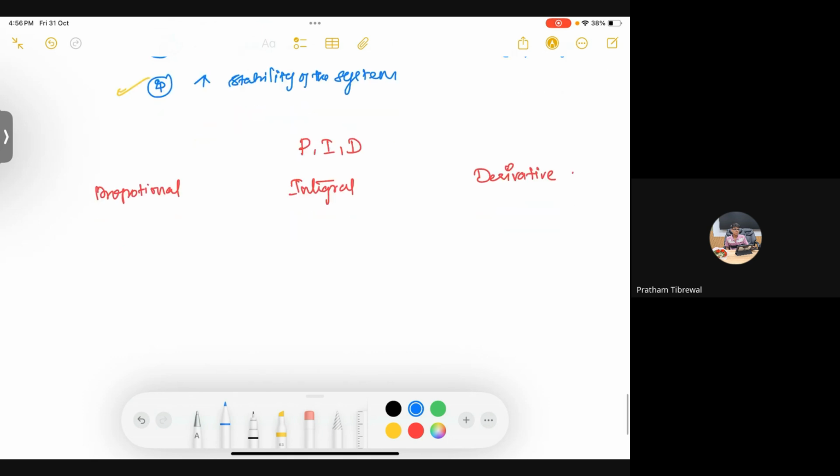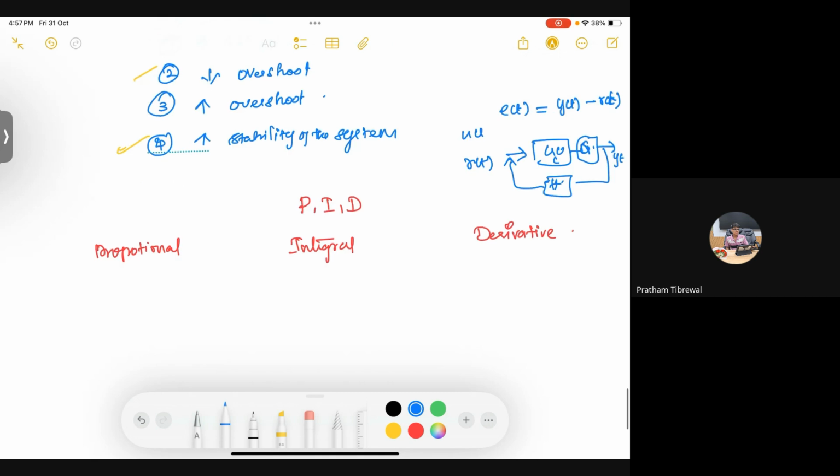So when we use a proportional controller, in a system, this is R of t, then GC, and G is the plant, output, and we have H. So we are familiar with all these terms. There is one external term that we are going to use, U of t here.